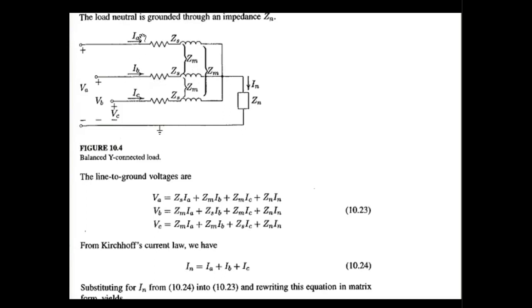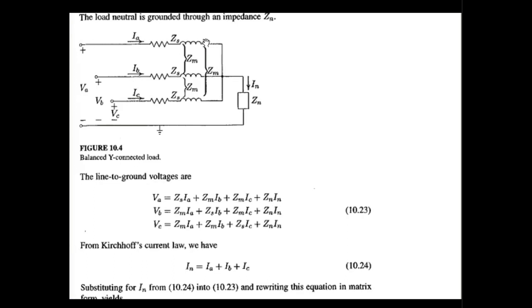So the effect of phase B on phase A is IBZm. ICZm is the effect of phase C on phase A, to complete all the current effects for phase A. That's why it is ZSIA and ZMIB, ZMIC, and ZNIN. This is the last one.